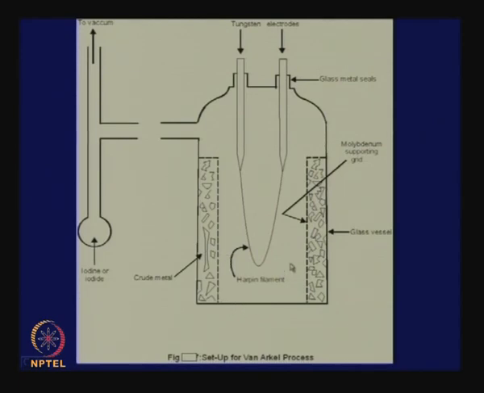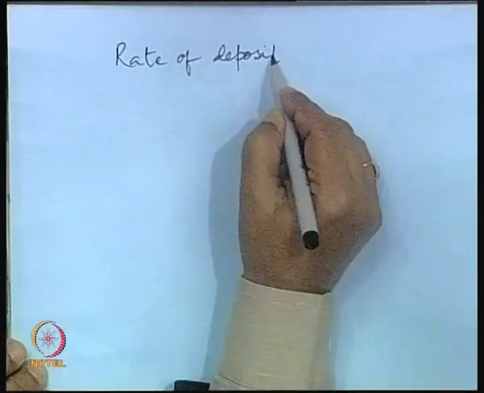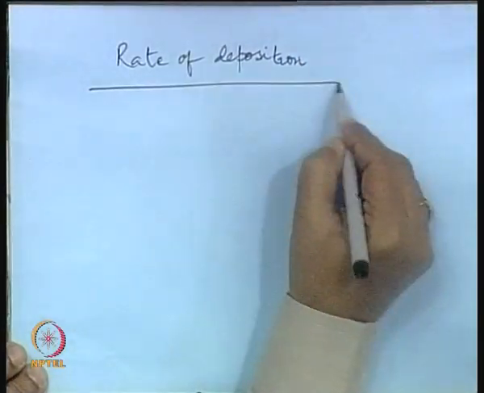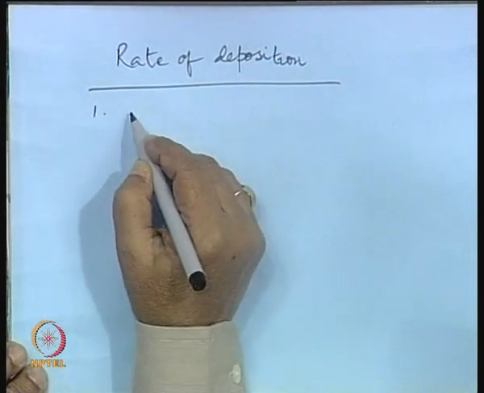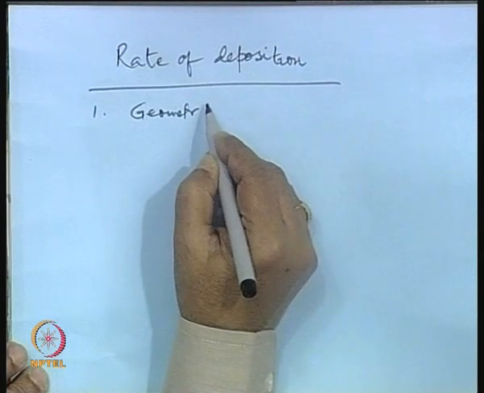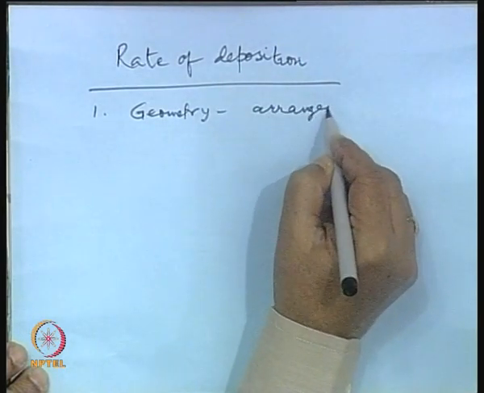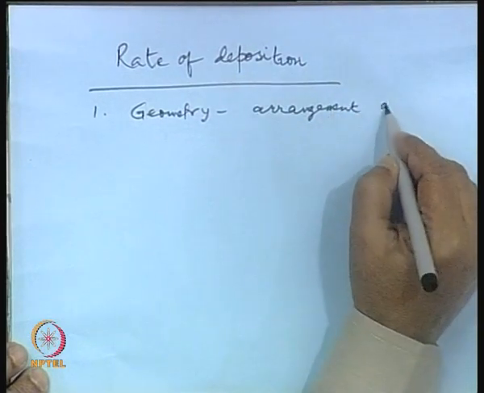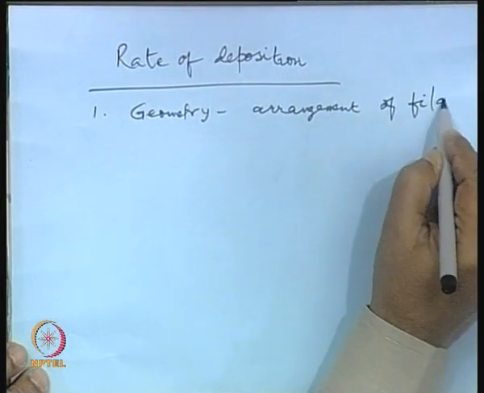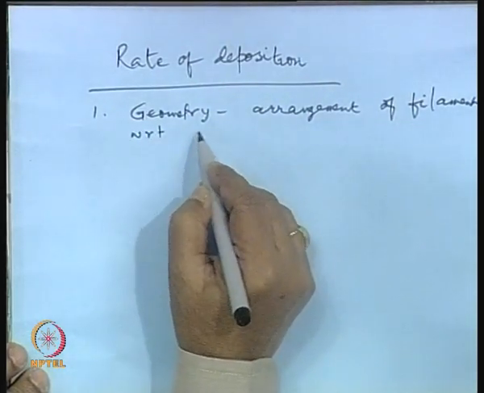The rate of deposition will depend on many things. Rate of deposition will depend on factors like geometry, arrangement of filament with respect to crude feed.